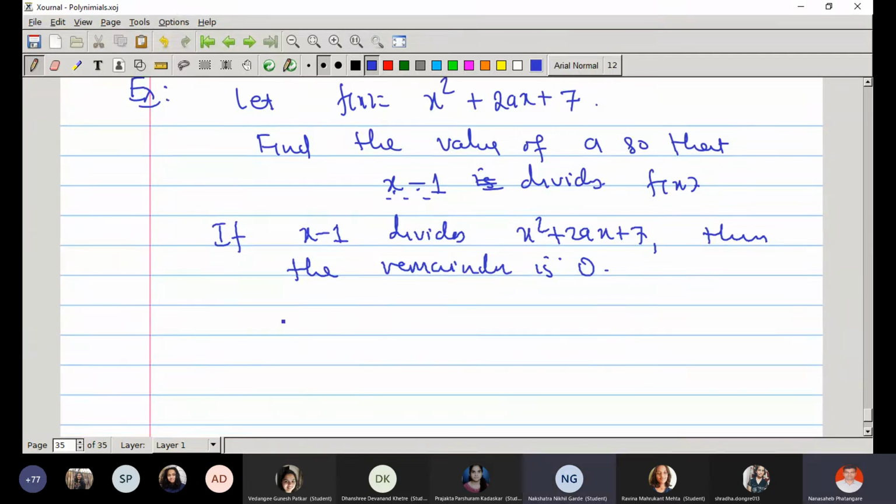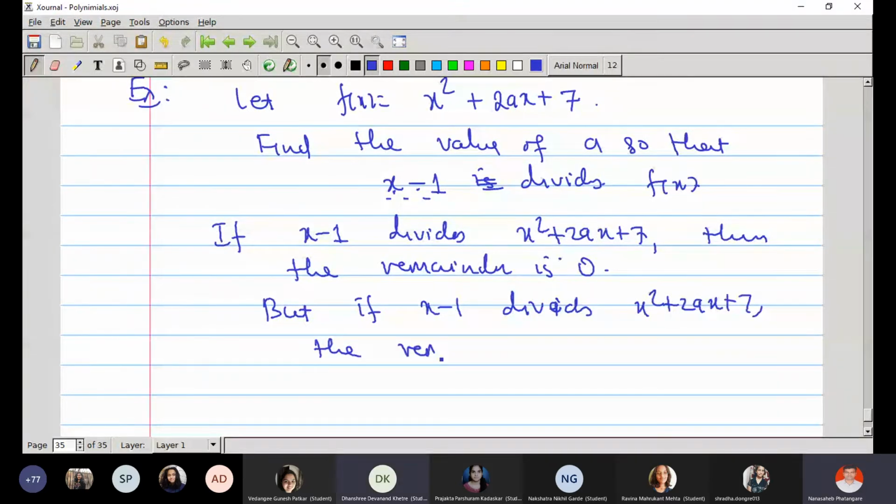If x minus 1 divides x square plus 2ax plus 7, the remainder is f(1). But what is f(1)? 1 plus 2a plus 7, which is 2a plus 8.